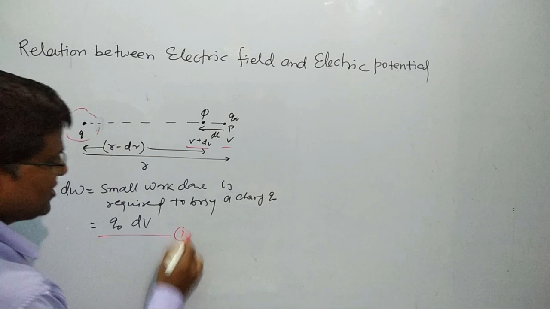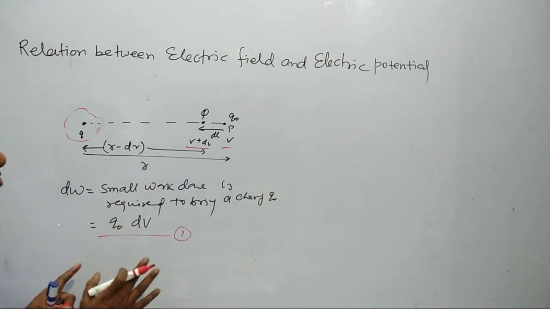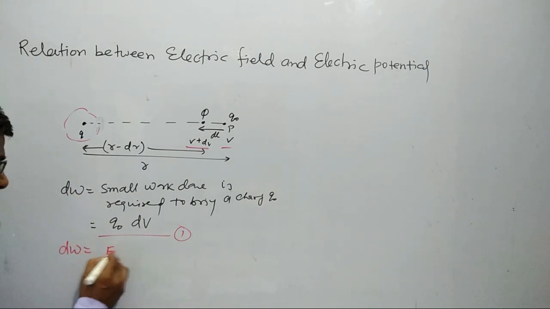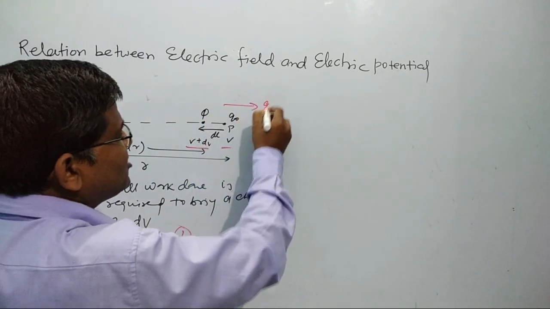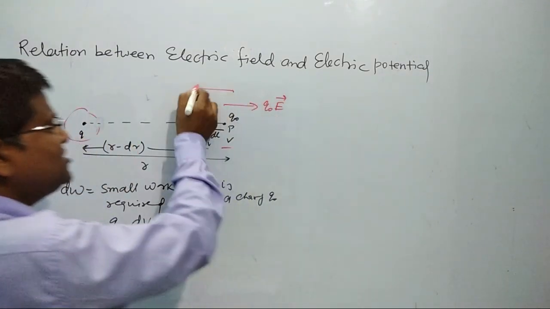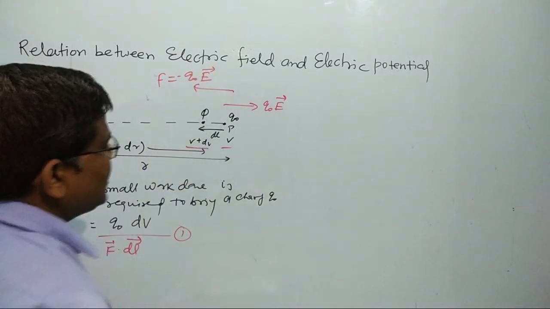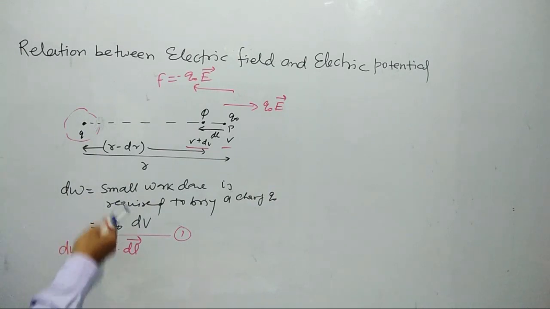This is the work done, and we want to find dW as F vector dot dl vector. As you know, F is equal to minus Q naught E, because we are doing work against the electric field.